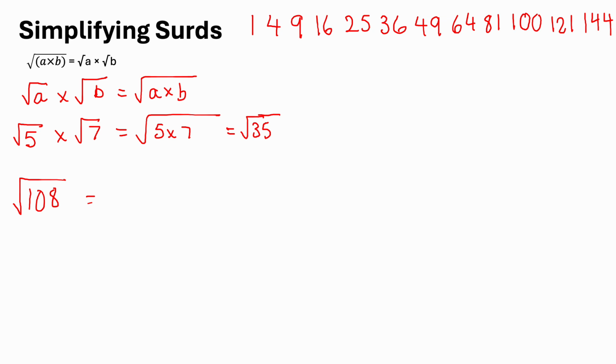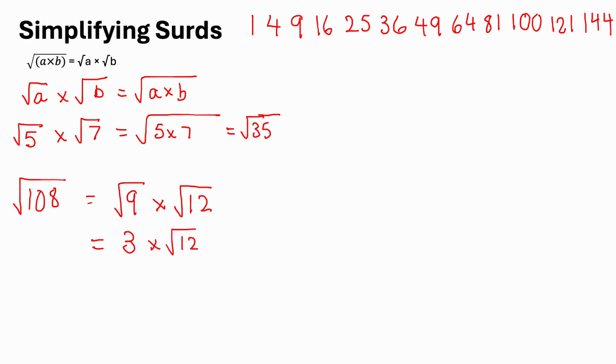So to get 108, we would do root 9 times by root 12, like so. The square root of 9 is 3. So that will be 3 times by root 12.